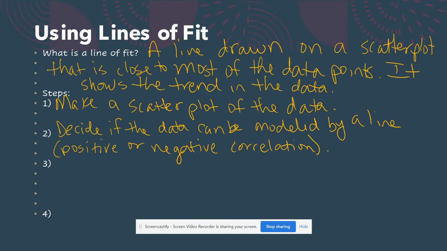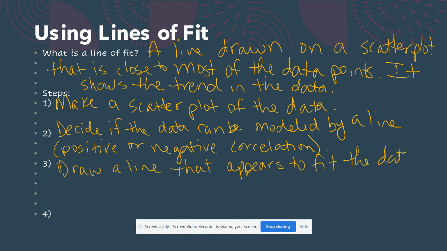If that's the case, then we would draw a line, use a ruler please, that appears to fit the data closely.